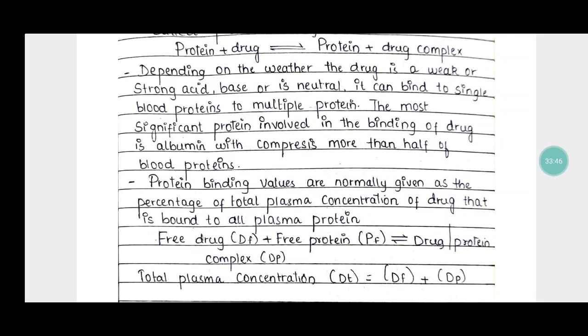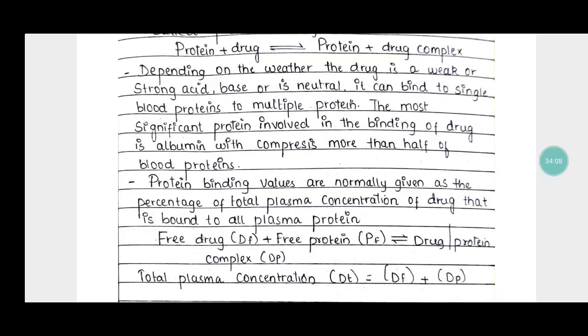Depending upon whether the drug is weak or strong, acid, base or neutral, it can bind a single blood protein to multiple proteins.